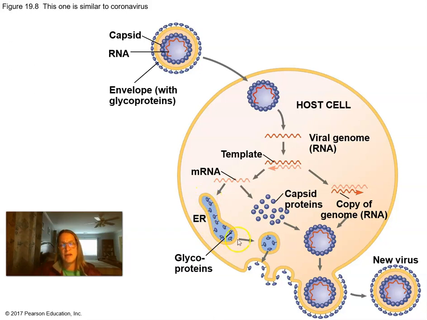So the ER is making these proteins, and then it sends out vesicles, which fuse with the plasma membrane. When the capsid with the RNA inside leaves, it takes with it some of these glycoproteins that were inside the ER. Now this new virus will have these proteins on the outside, which again will help it bind to the cell.